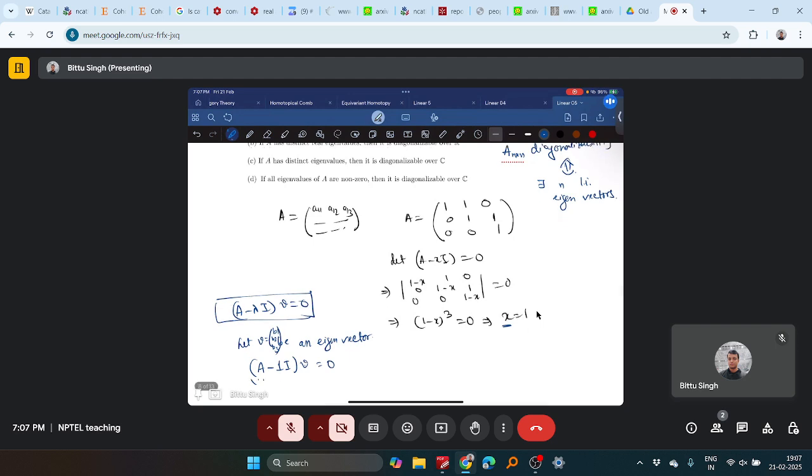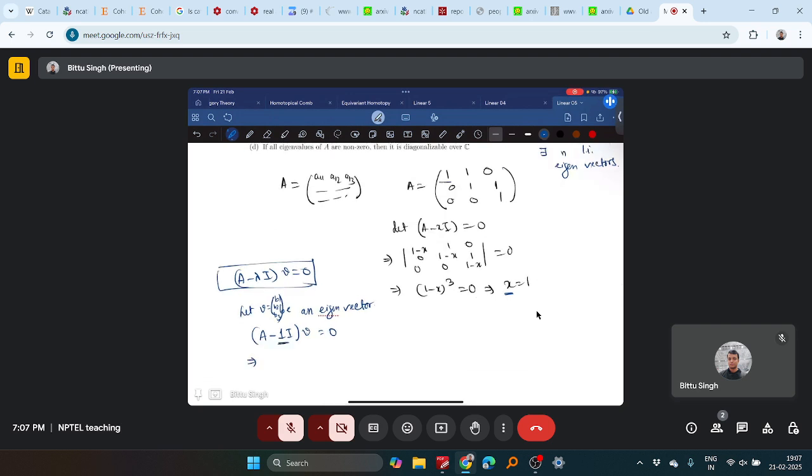But A minus 1I, if you subtract 1 from the diagonal entries, will take the form with 0, 0, 0 on the diagonal, and the other entries are not changed. We are only subtracting from the diagonal, and we have assumed V is B1, B2, B3. This implies B1 equal to 0, and the second equation will imply B2 equal to 0.